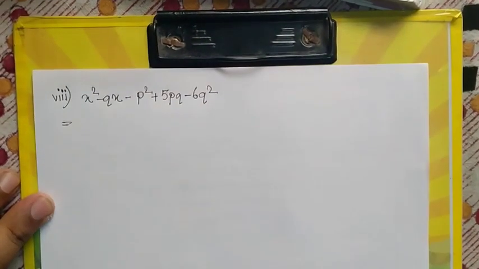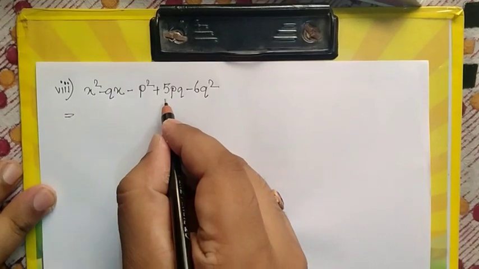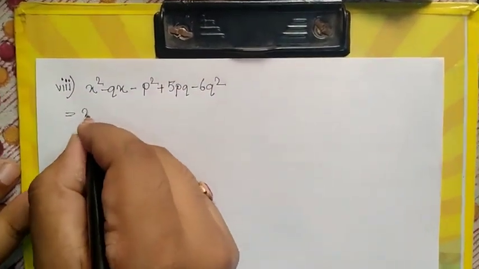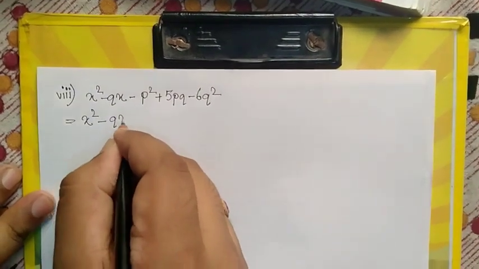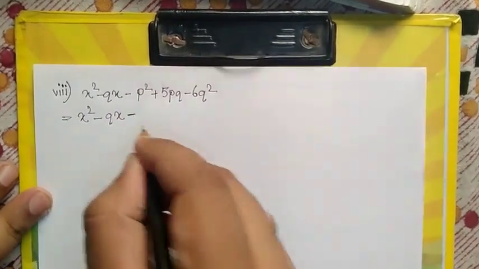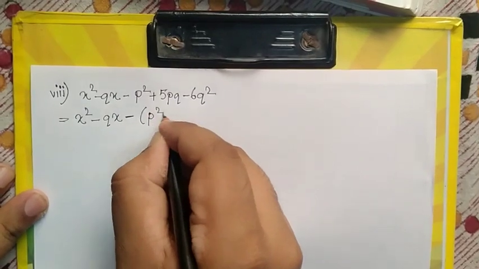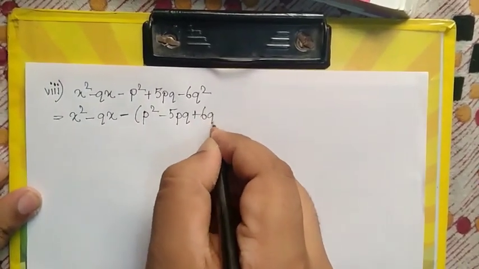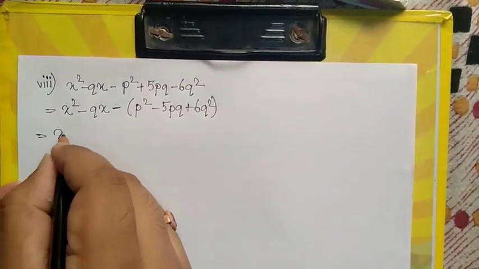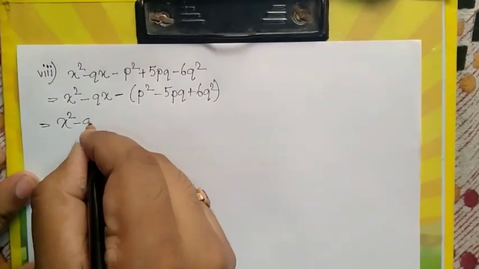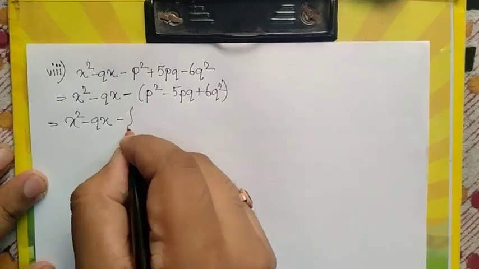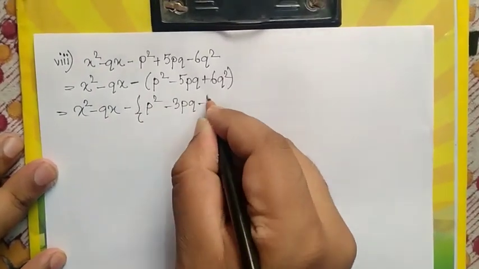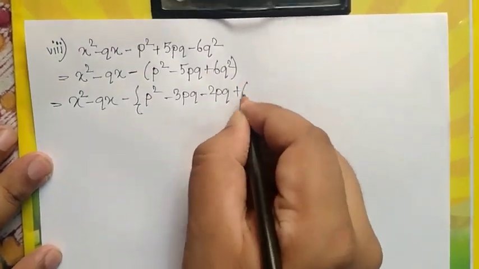This is sum number 8, x square minus qx minus p square plus 5pq minus 6q square. This is the lengthy sum. Minus qx, we can take common here, p square minus 5pq plus 6q square. We have to use the middle term procedure here, so therefore p square minus 3pq minus 2pq plus 6q square.